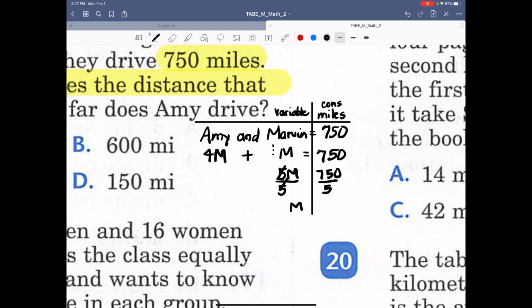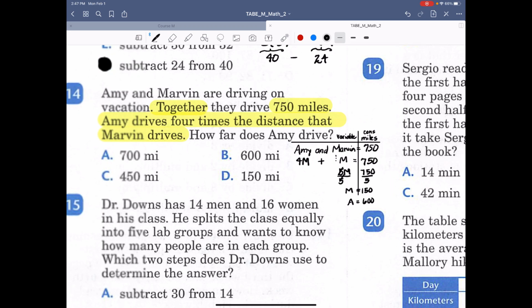So Marvin drove 750 divided by 5. That's 150 miles. And remember, Amy is 4 times 150. So Amy did 600. Marvin did 150. Amy did 600. And the question was, how far does Amy drive? So I like answer B on this one. That is a classic algebra problem. Number 14 is B.